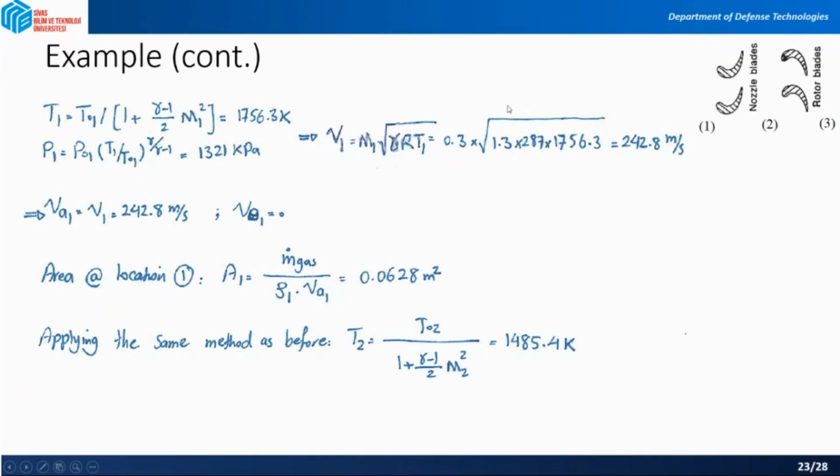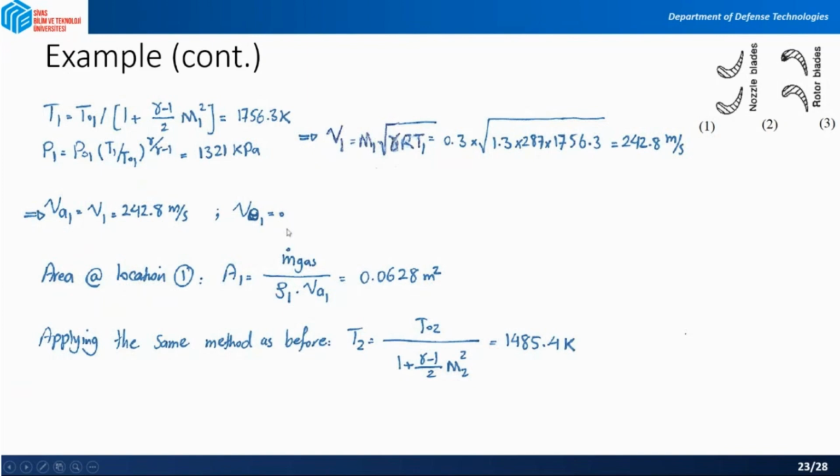At station 1, you can calculate your velocity using the Mach relation, Mach times square root of gamma R T1. And then your axial velocity is your velocity, because at station 1 you have axial velocity.